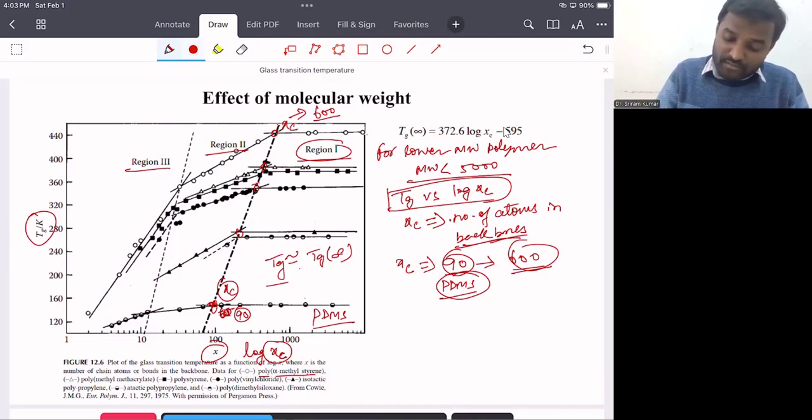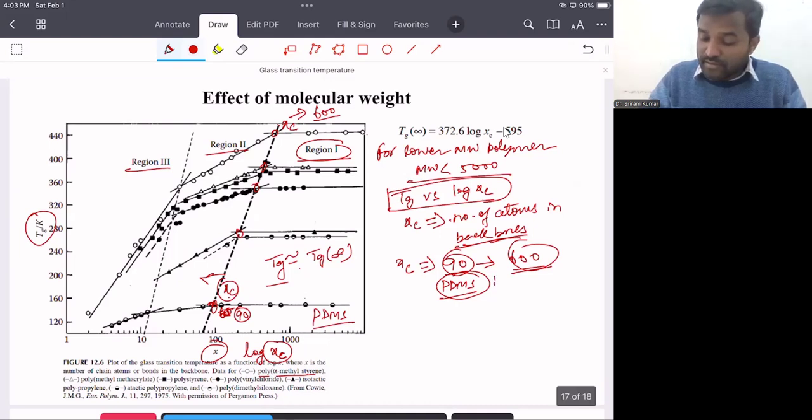So the Xc value increases if you increase the rigidity in the chain. From here to here, there is an increase in rigidity in the backbone.